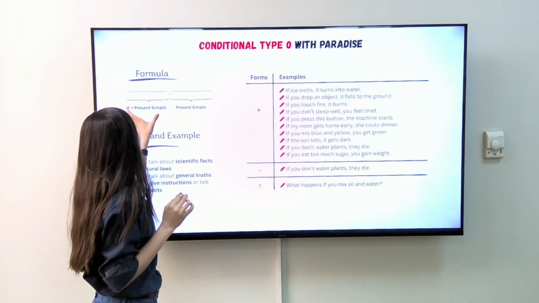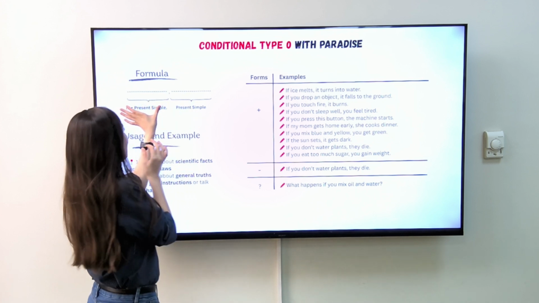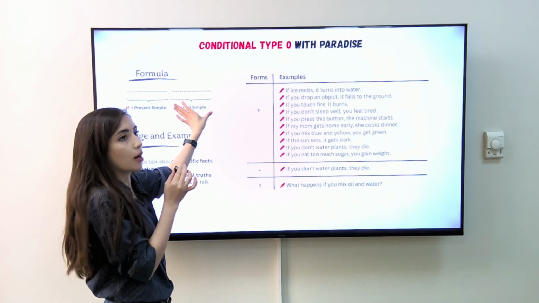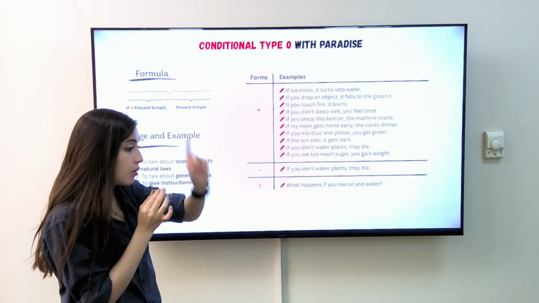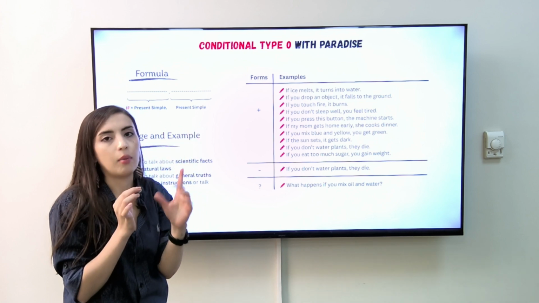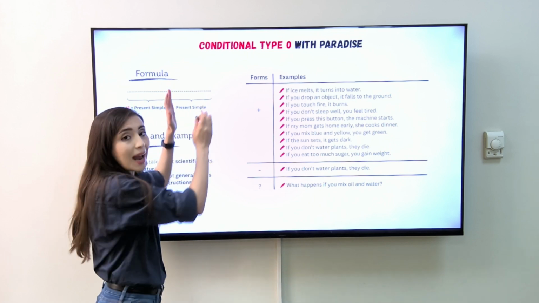Okay, so the order can be vice versa. If can be the first part of the sentence or the second part of the sentence. The order can switch, but remember, if can be used in only one part, before the comma or after the comma.